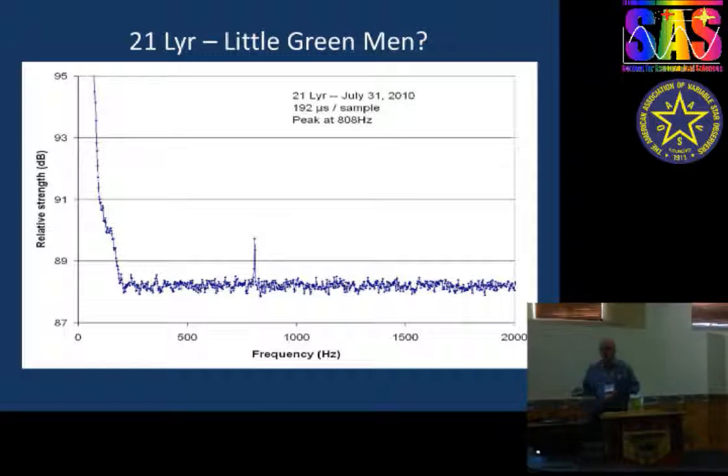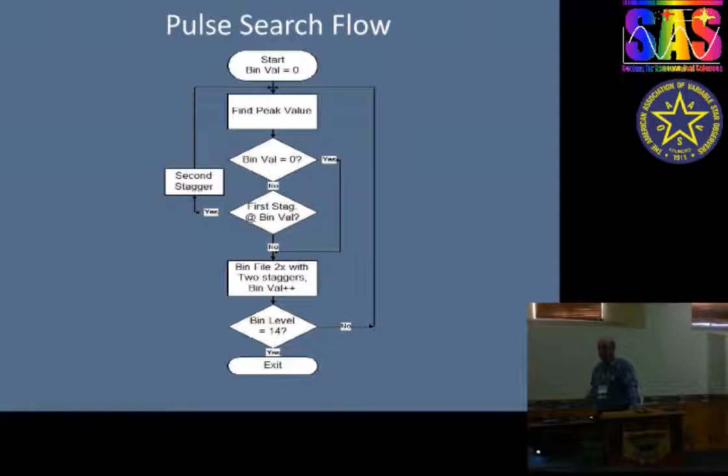Okay, so what else can we do with data that you've sampled at a very high rate? You can look for pulses, and this is just a program that I wrote that searches the data for any pulse. It finds the largest pulse in the data set, then it bins all the data by a factor of 2 and goes through and looks again for the largest pulse.